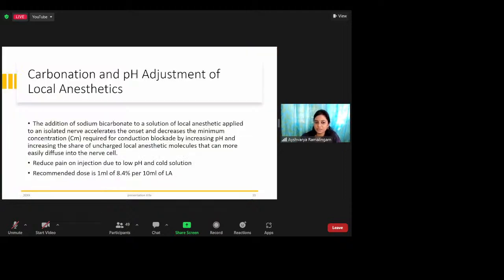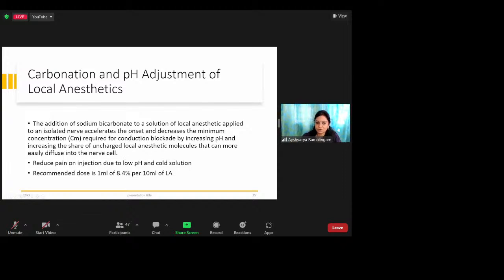Carbonation and pH adjustment of local anesthetic. Usually, the commercially available preparations are hydrochloride salts of local anesthetic, which have an acidic pH. So on injection, they can cause pain due to this low pH and cold solution. Soda bicarb will help in reducing the pain of the injection.